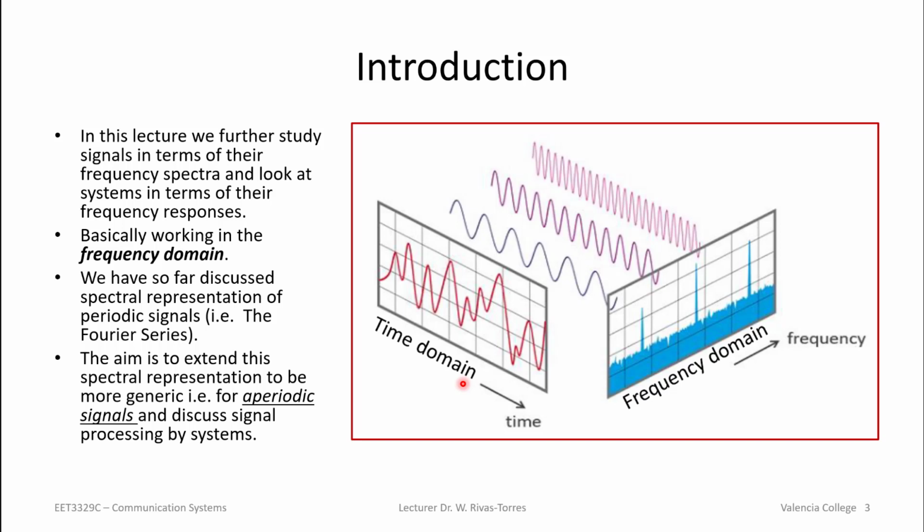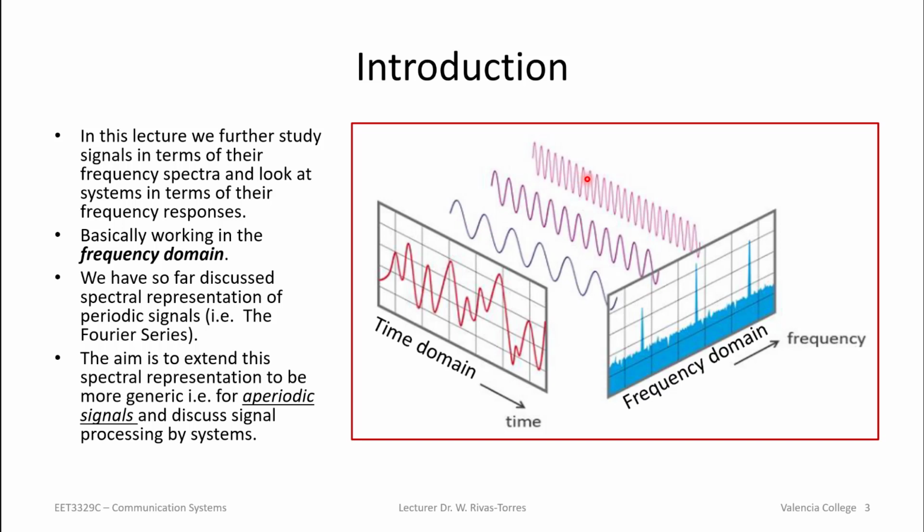And what we learned with the Fourier series is that we can decompose this signal into its different sinusoidal or trigonometric components. And so we can have a fundamental, a second, and a third harmonic, let's say.